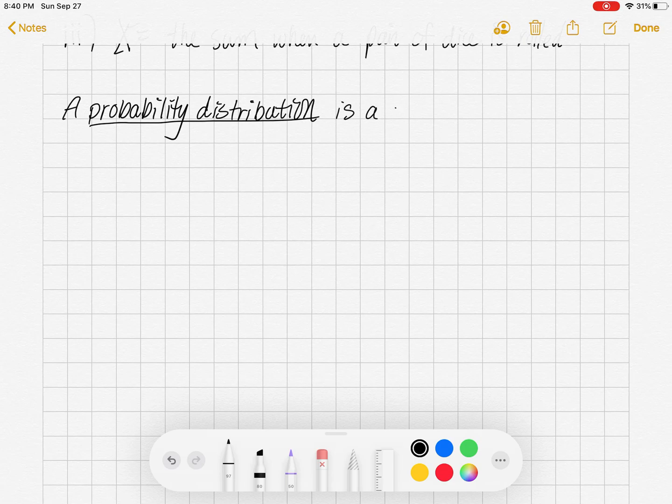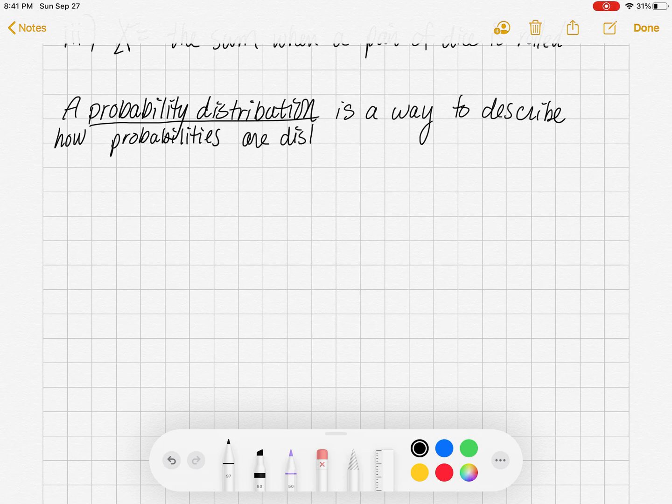It's a way to describe how probabilities are distributed among the outcomes of a random variable.